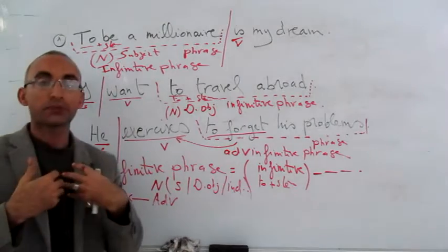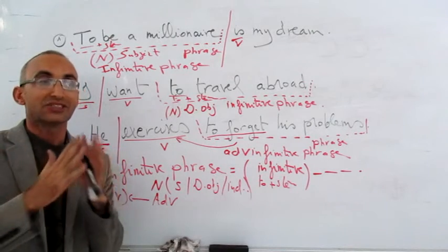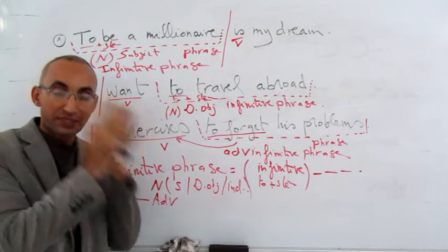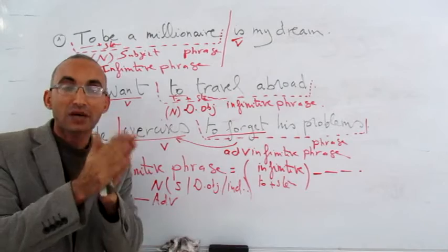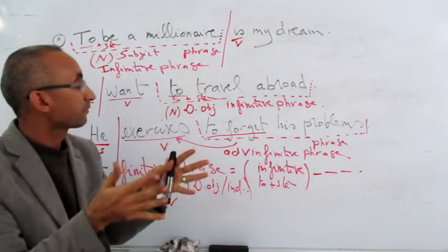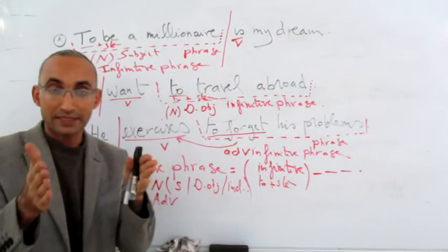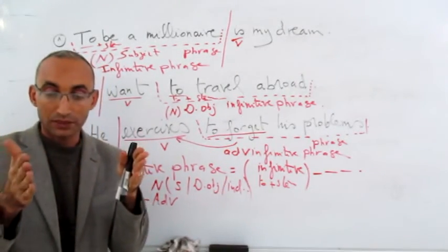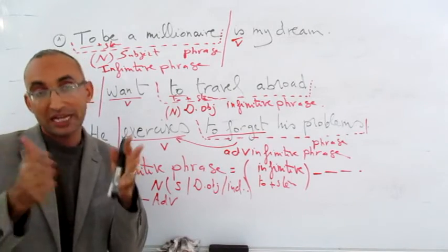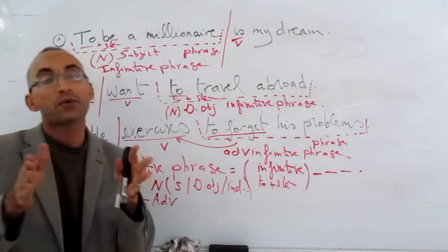But for us in the first year, we are concerned mainly with differentiating the phrase from the other parts of the sentence. For example, I have this one in a sentence, S plus V, it's a clause. Now next to it, I have a group of words which are related and which starts with one of the elements. This one is not a clause, it's only a phrase.